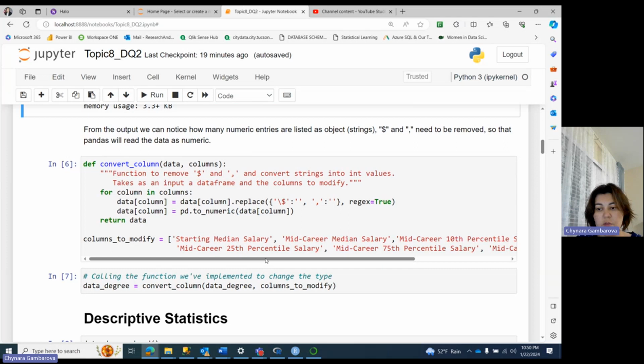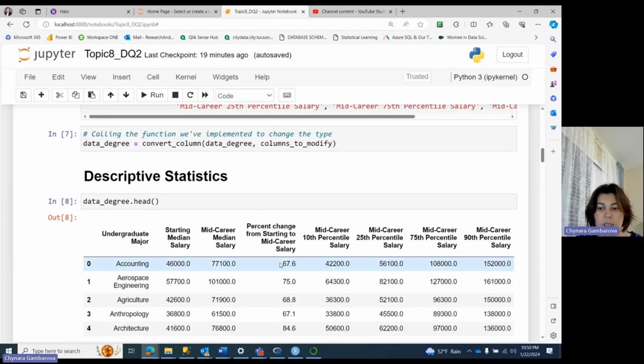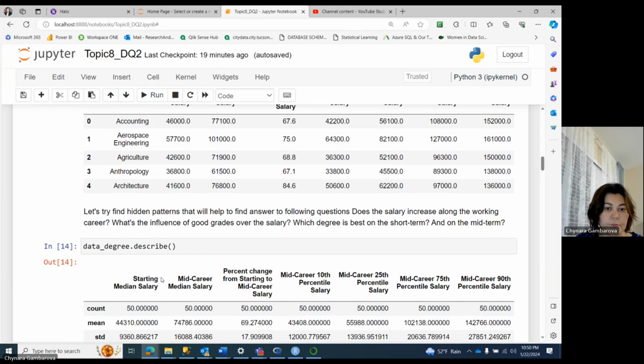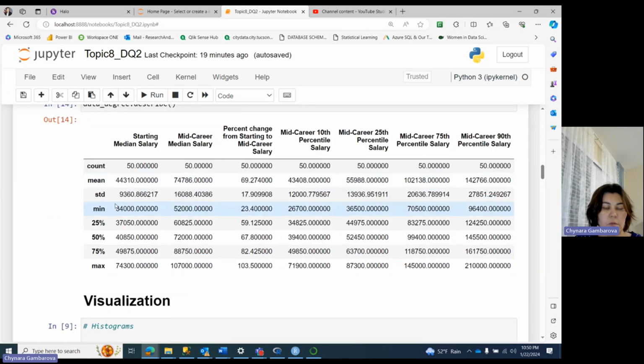So the first step is to clean the data. The second step would be descriptive statistics to understand what the data looks like. Here, as you can see, we are calculating the mean, standard deviation, and the median. The mean is 44,000, while the median is 4,000.